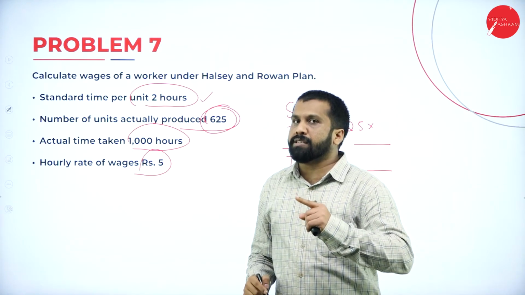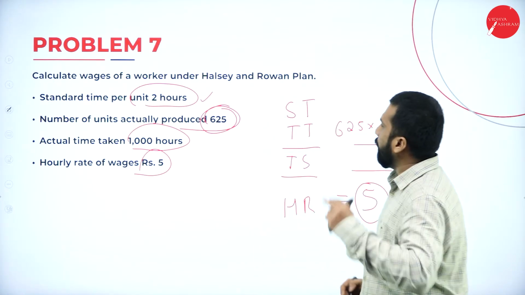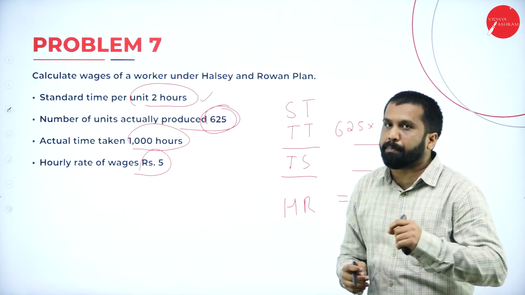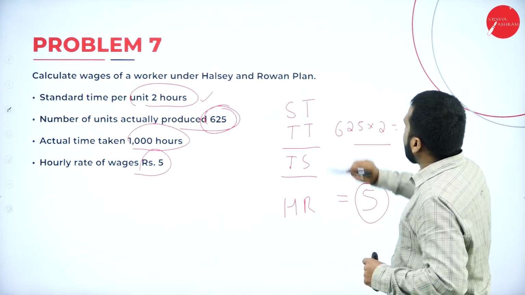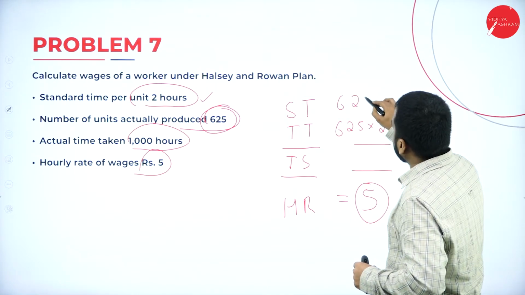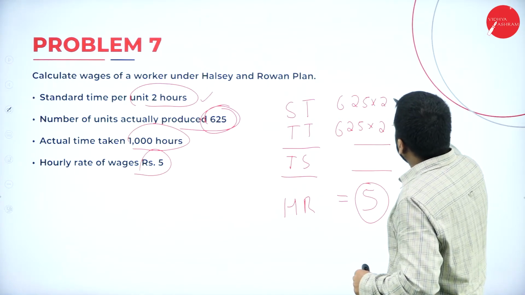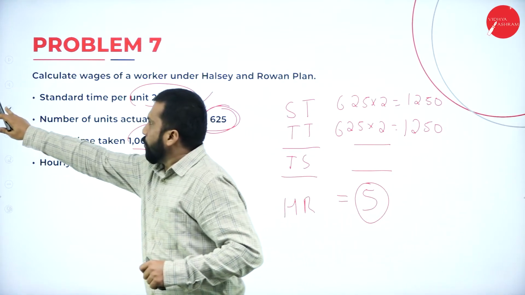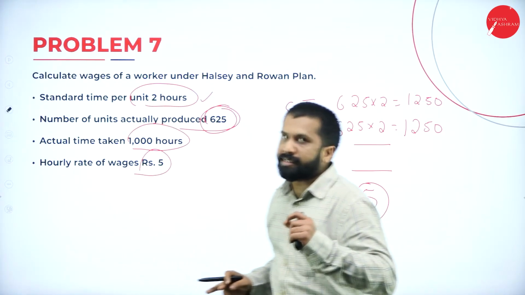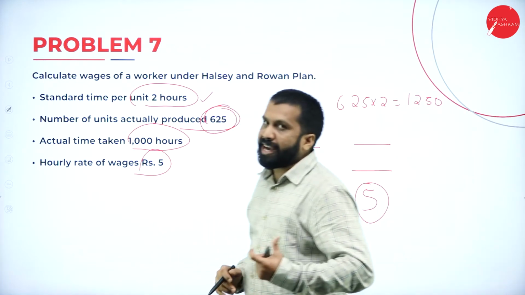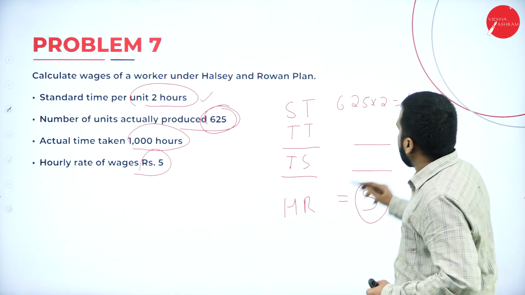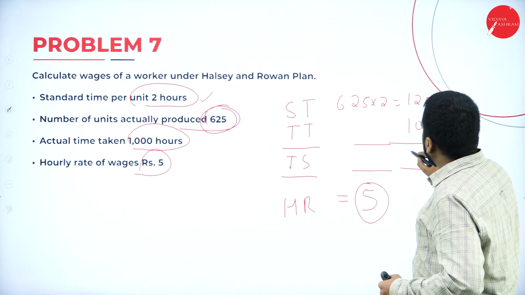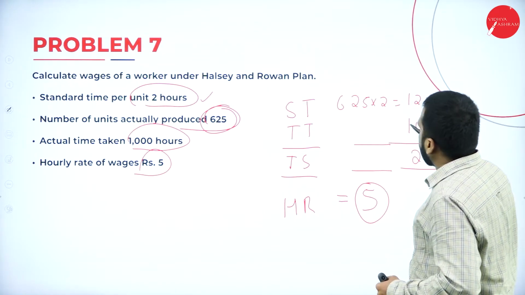Standard time per unit is 2 hours. It is 1250. Whatever we calculated, that is the standard time. What is the actual time? Actual time already given, it is 1000. So time saved is 250.